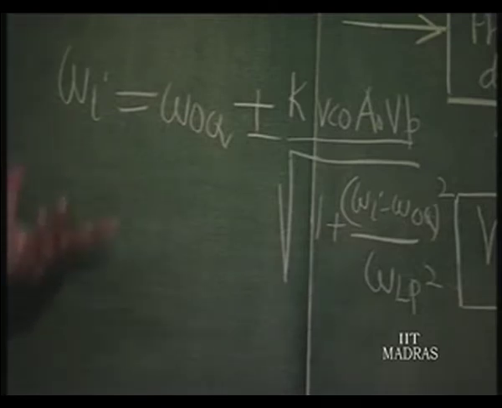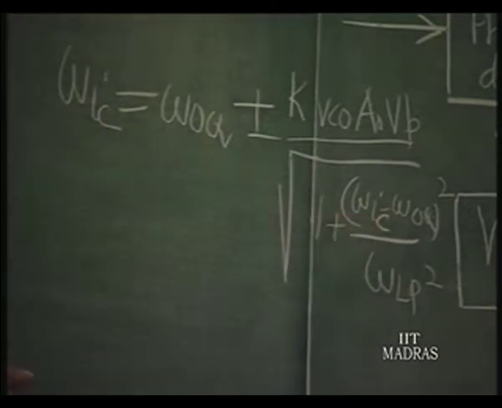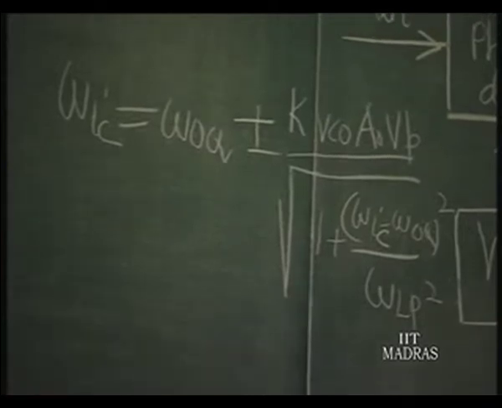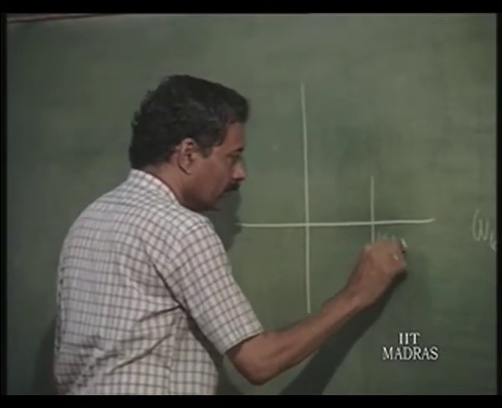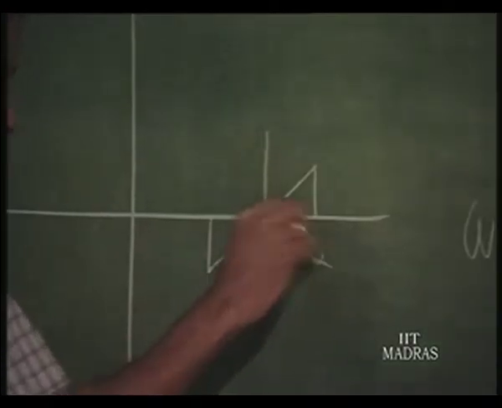So, this you can call as omega I limit capture frequency. This is then also the capture frequency, right, omega I. So, in our curve here, we can say that around omega naught q, it is this on this side and this on this side.